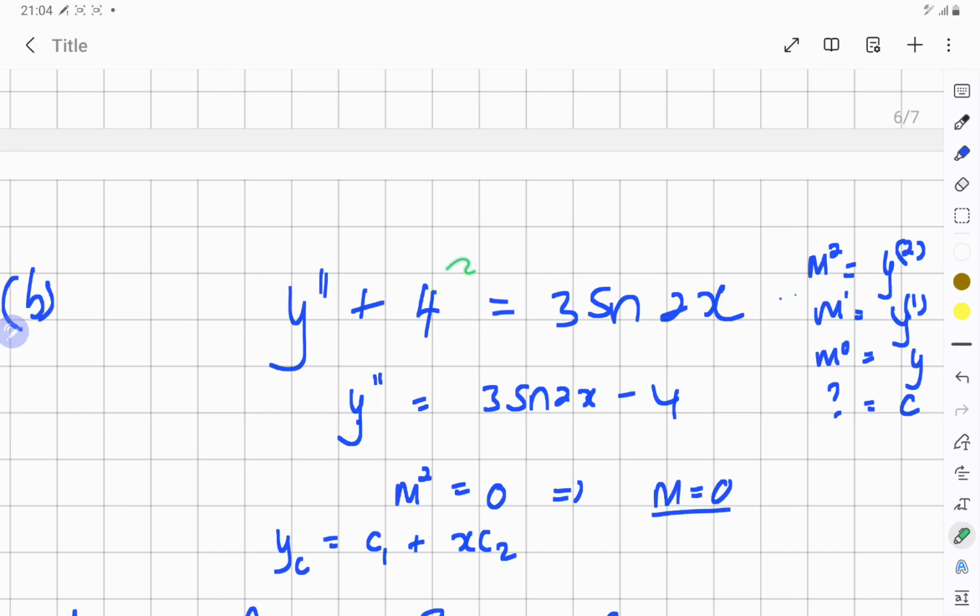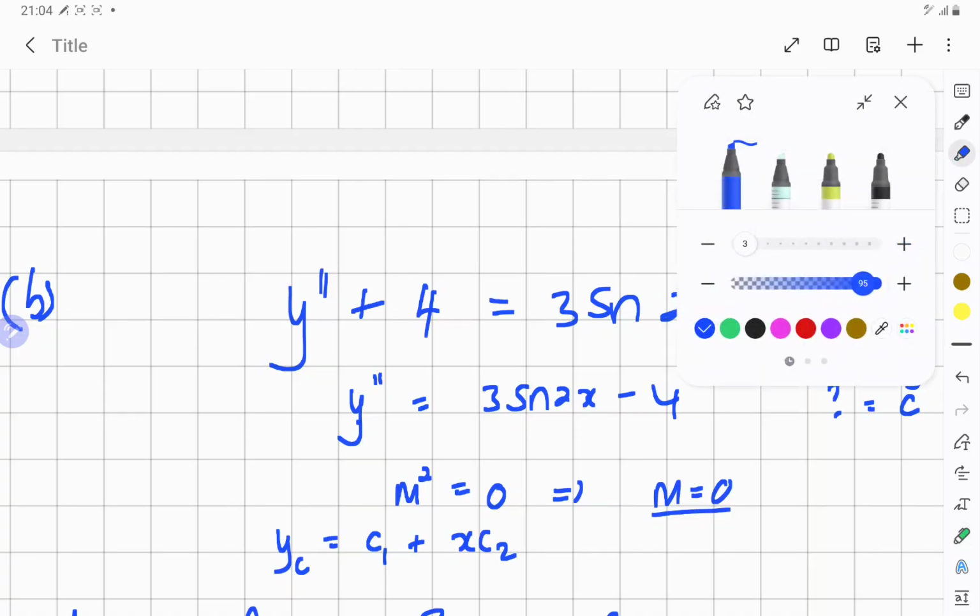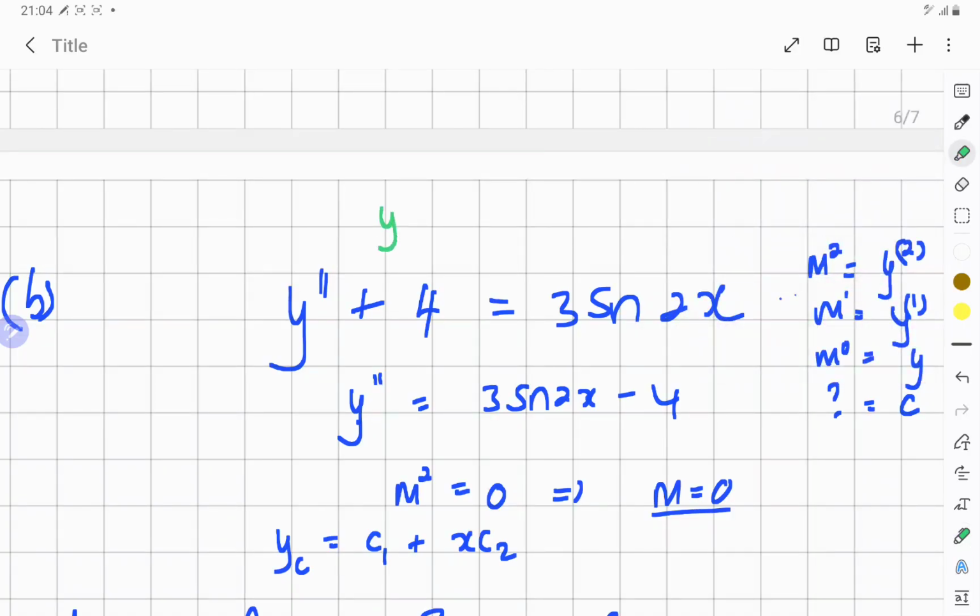So we have a problem here for our auxiliary equation. What about that 4? Students often confuse it. So if you have this, your auxiliary will be m squared plus 4.